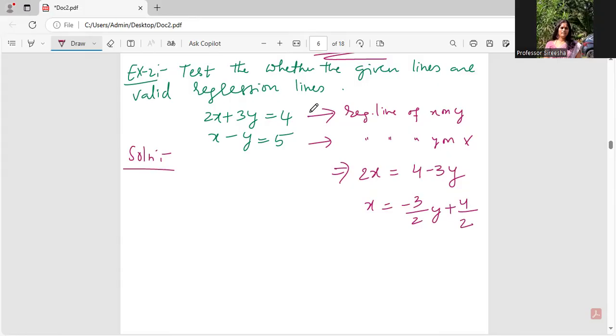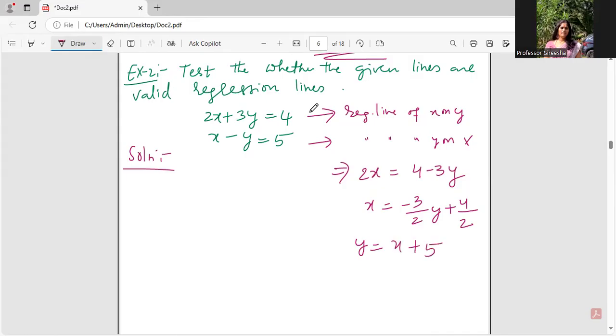This is how I got the line of x. Now, the second one would be y is equal to x plus 5.